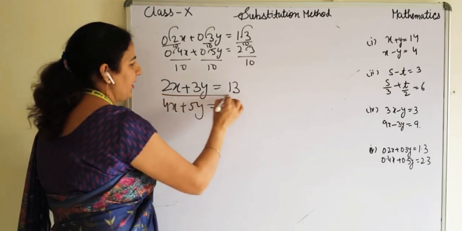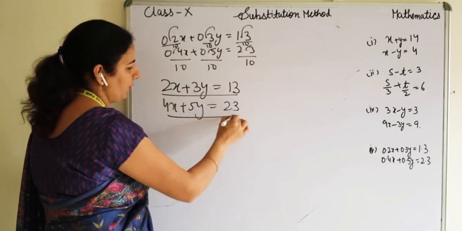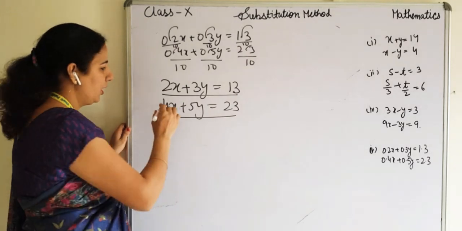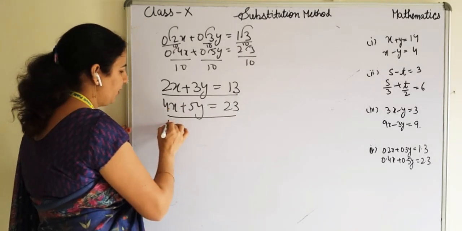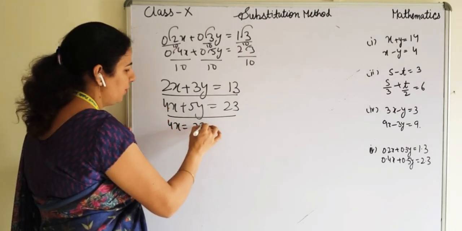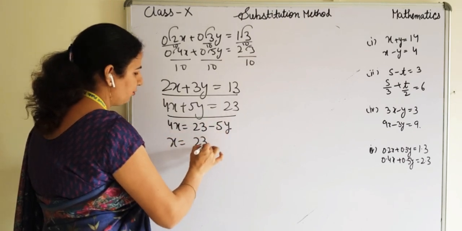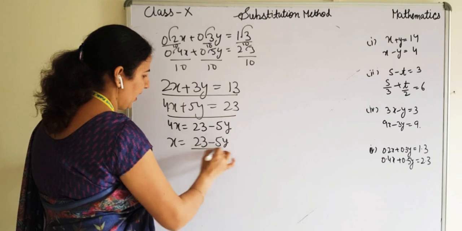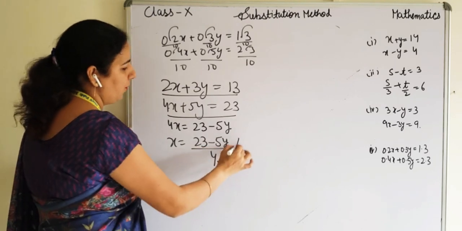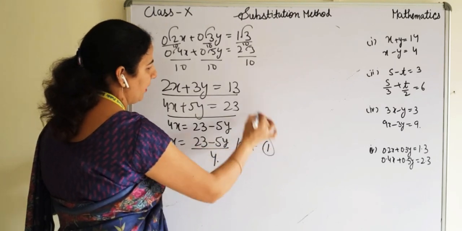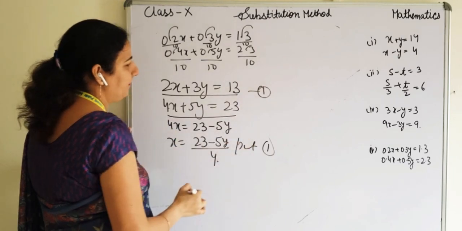So you can calculate the value from here, or you can calculate the value from here also. I have calculated the value: 4x is equal to 23 minus 5y. X is equal to 23 minus 5y upon 4. Put in equation number 1. This is equation number 1.